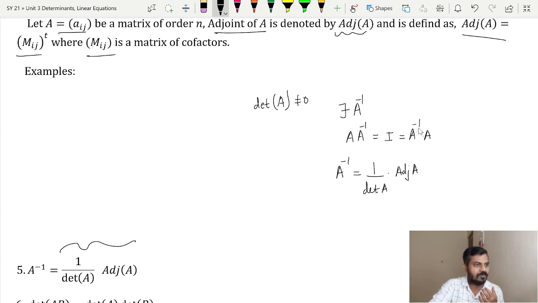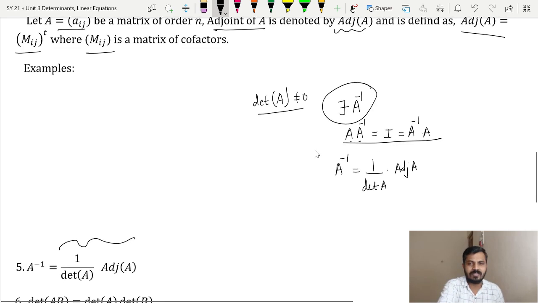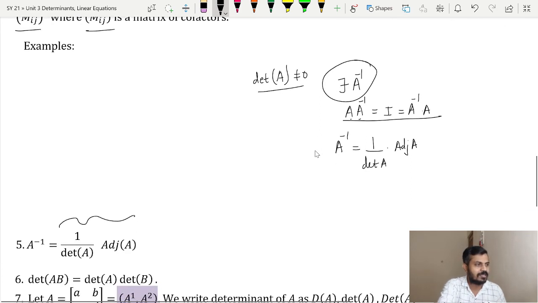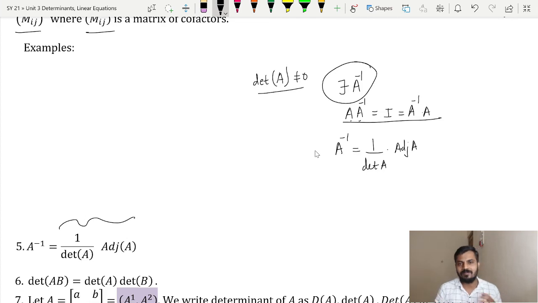Whenever the determinant is non-zero, there will exist A inverse such that this will happen. We will not go into the details of examples because you have solved many examples on this. Still, you can try the example we started with, whose determinant was 2, right? You can try to find the inverse of that. I will leave it for homework. Solve it and send me the solution.